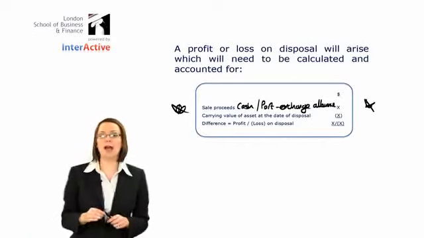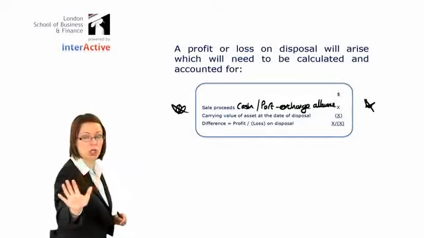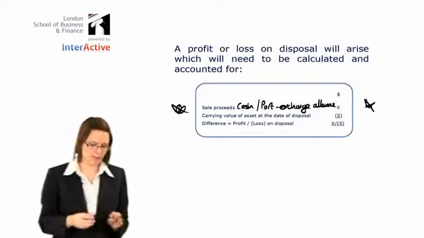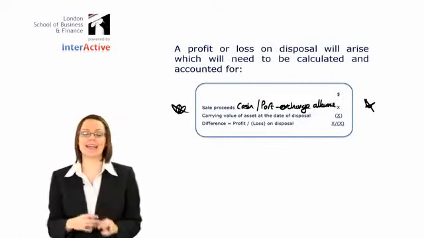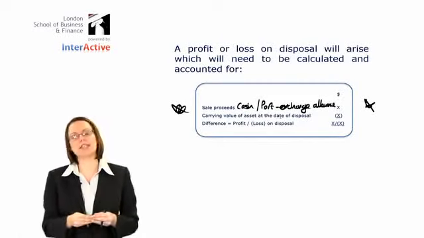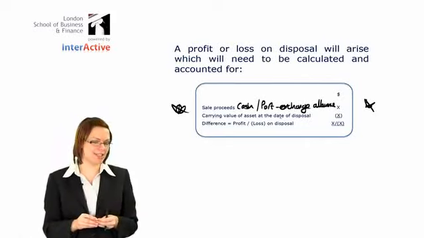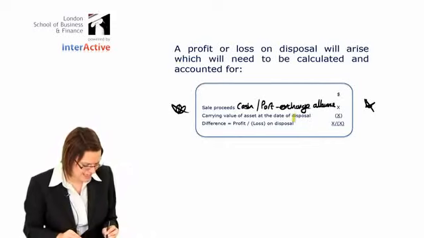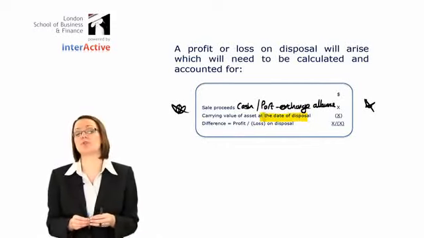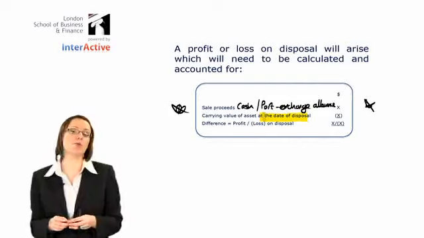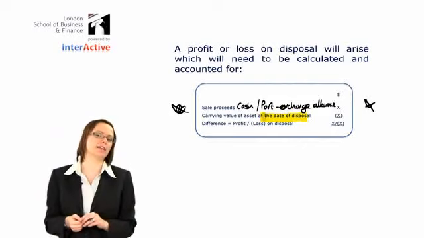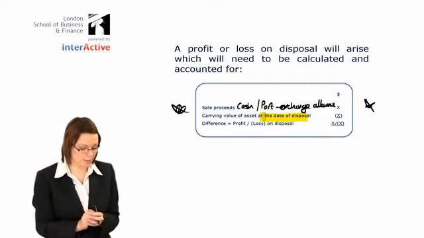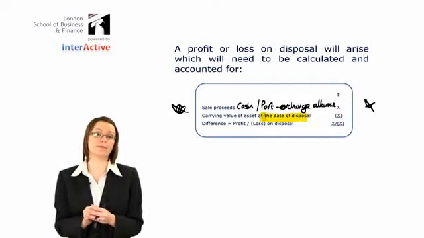What I'm then going to compare what I sold my asset for to is its carrying value. So remember, the carrying value of the asset is the cost minus the accumulated depreciation to date. Now remember, that's the carrying value of the asset at the date of disposal. So that's very important, at the disposal date. And that's going to be compared and taken from the sale proceeds.